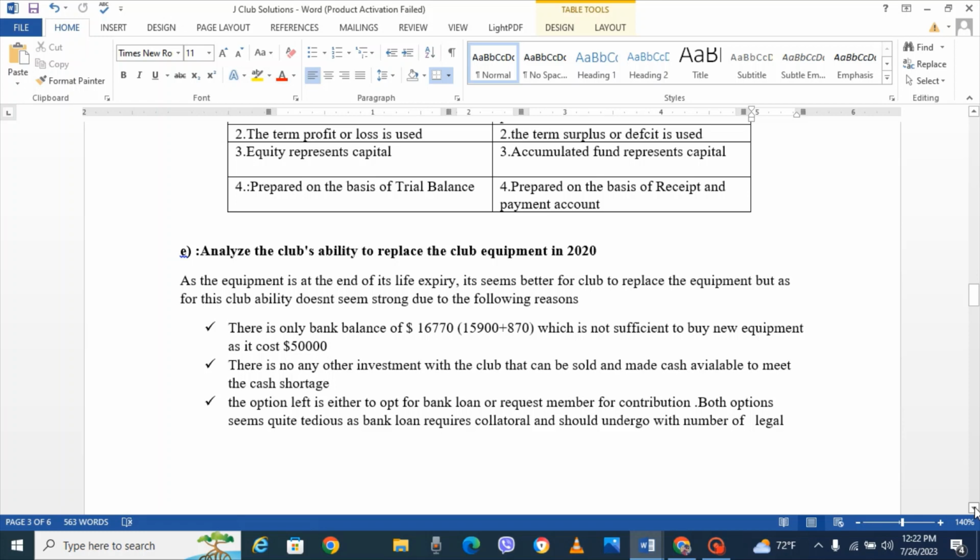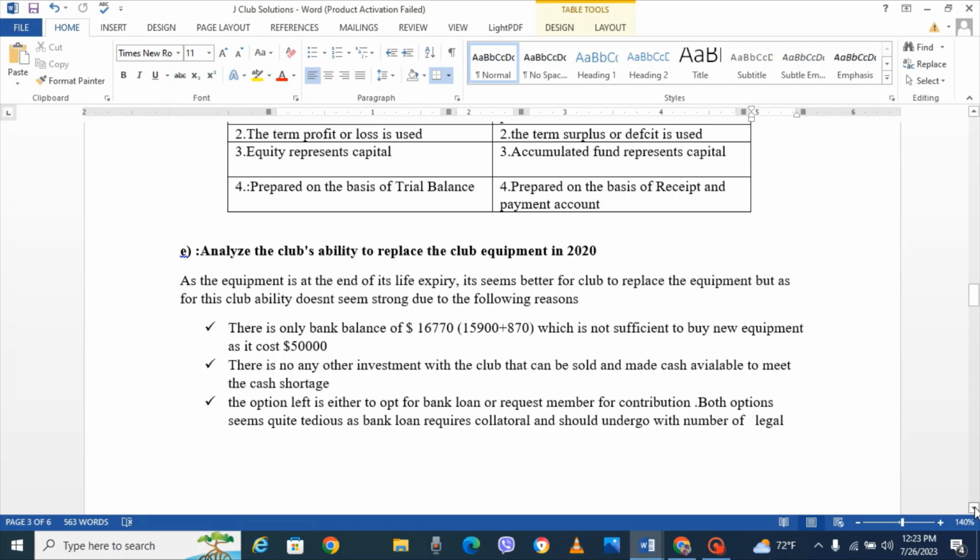The club has not invested in any other investment that can be sold, so we can utilize that amount for buying or replacing the equipment. But there is no other investment with the club.